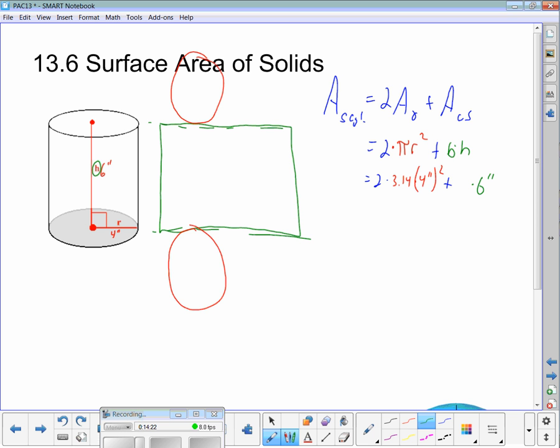8 inches? Not quite. We need this value right here, and it is not 8. Kaylin? 16. How many agree with Kaylin? 16.